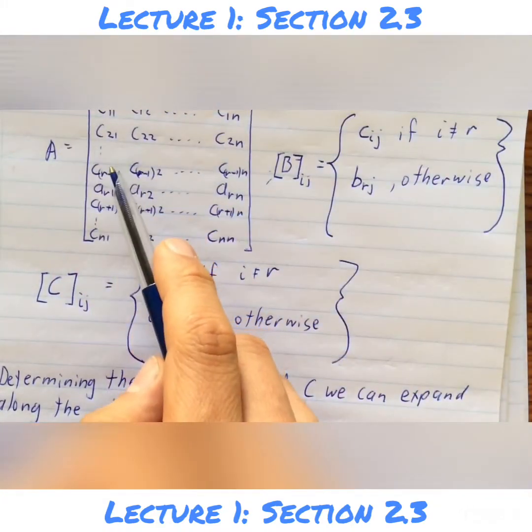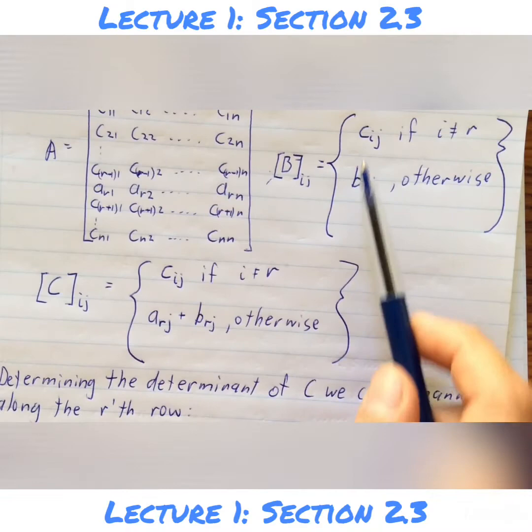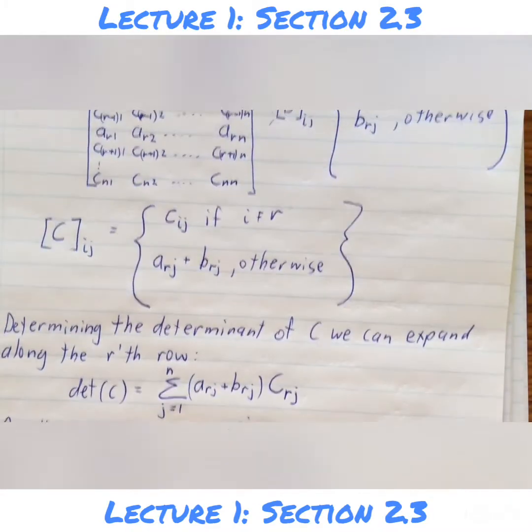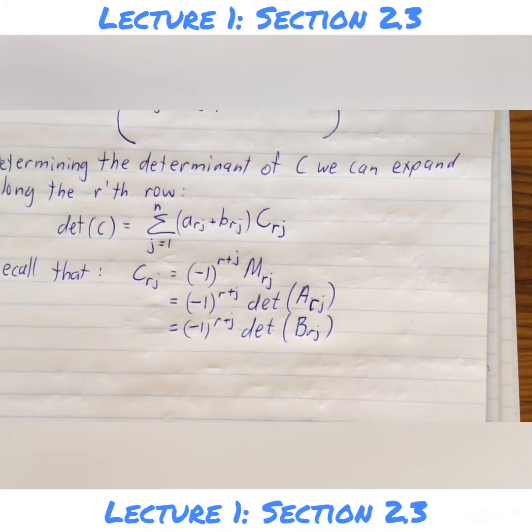Cancelling the rth row of A and the jth column of A, and cancelling the rth row of B and the jth column of B, is going to result in exactly the same matrix.